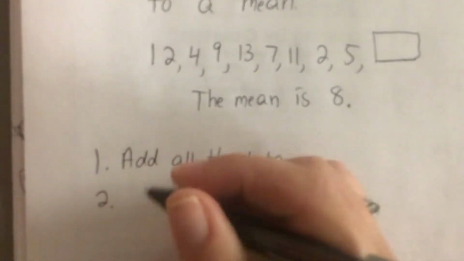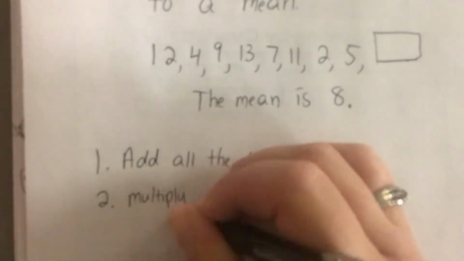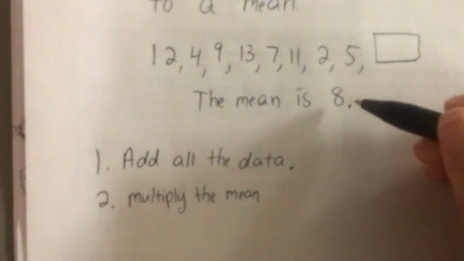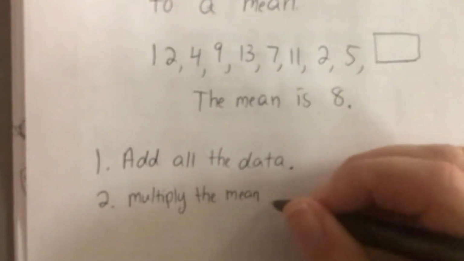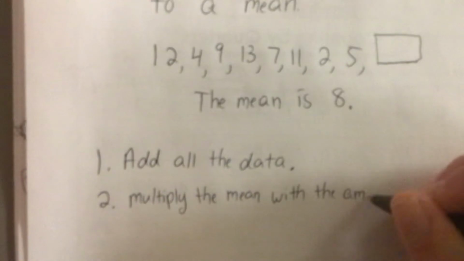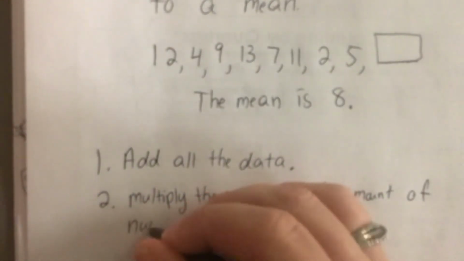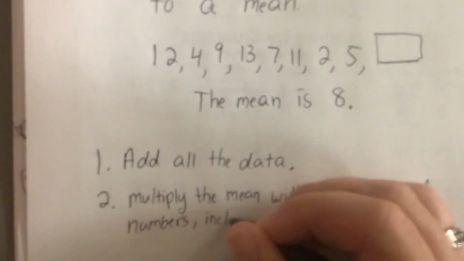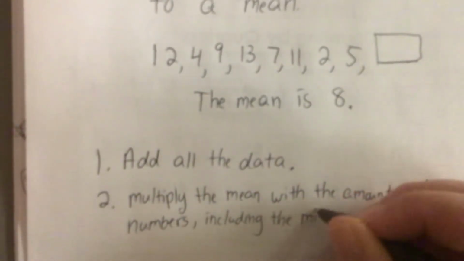Step 2, multiply the mean that they give you, which is 8 in this case, with the amount of numbers including the missing one.